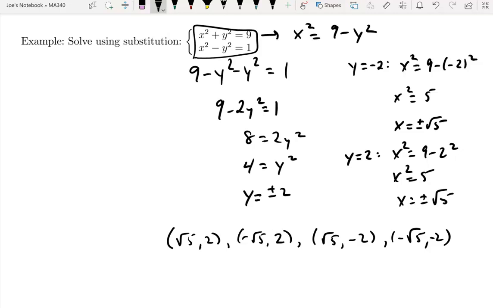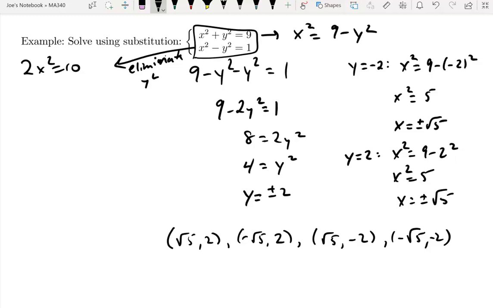So if instead you did elimination, if I added the two equations, what would you get? Two x squared equals 10. And notice you're going to get that x equals plus or minus root 5 thing again, aren't you? And then you could use those values to figure out what the y's are. Does that make sense?